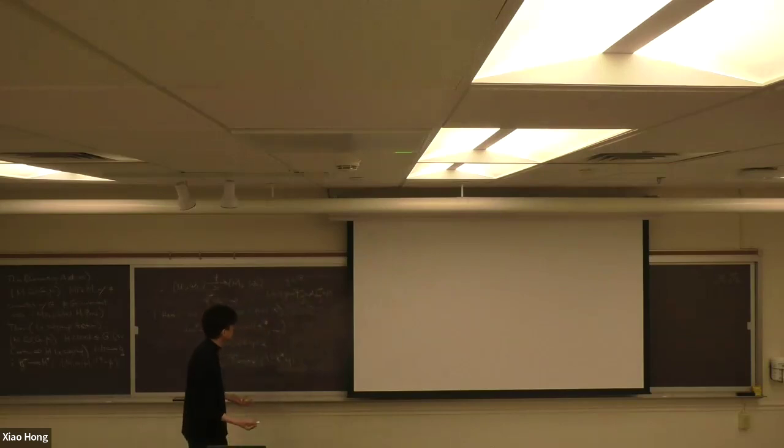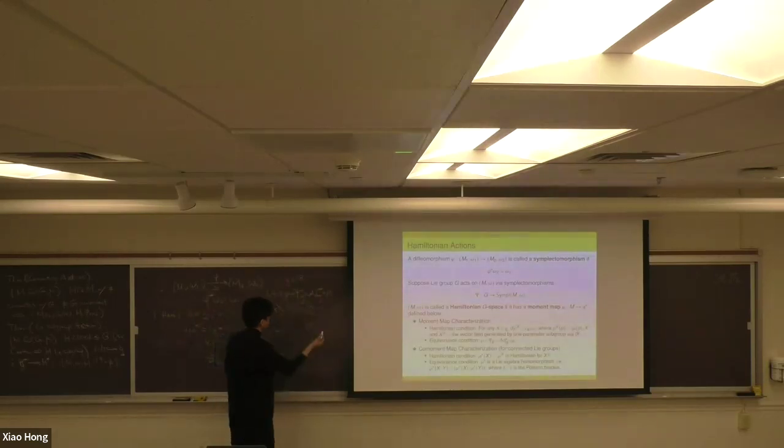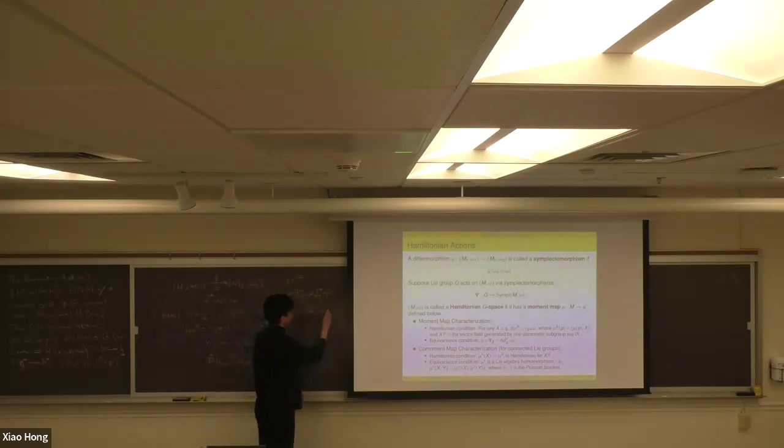So the co-adjoint representation is defined as the adjoint of the conjugation representation.